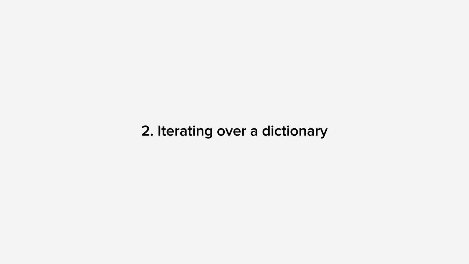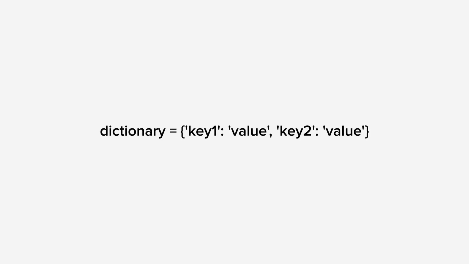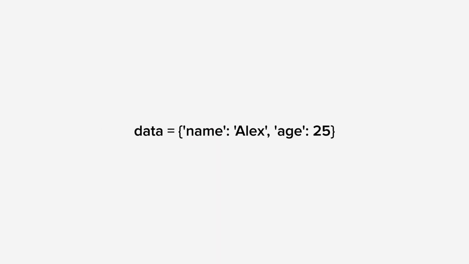Second, iterating over a dictionary for outputting keys and values or updating values of certain keys. A dictionary, as you remember, is a data type where there is a key and value. Let's imagine we have a dictionary data with information about a student, and we want to change some data in this dictionary.